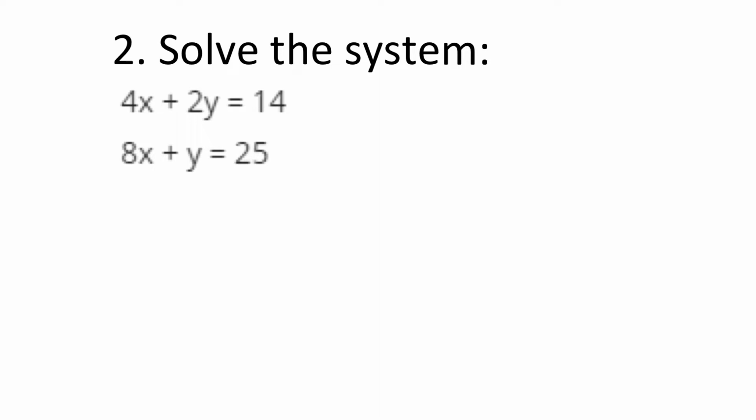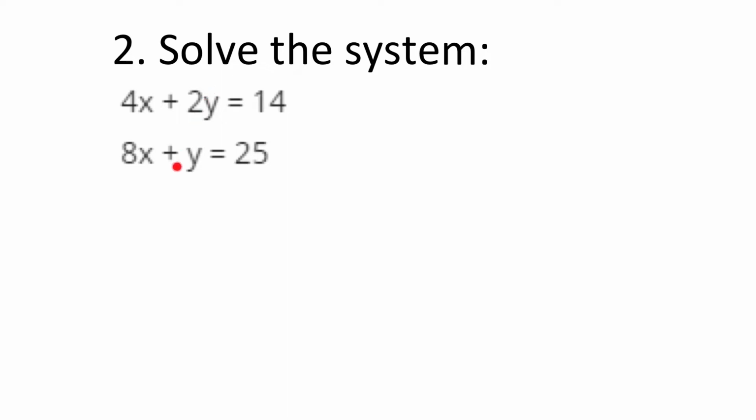Now if you guys go back and look at the y values, I noticed that they have almost close to the same coefficient. So this is a 2, this is a 1. So I'm thinking of using the elimination method where I can eliminate the y, solve for x, and then I can solve for the y value.